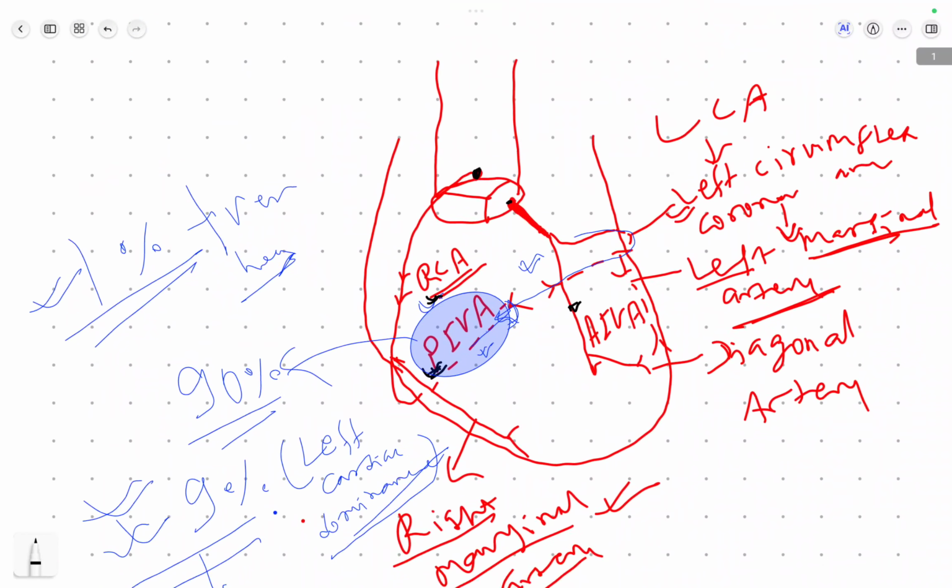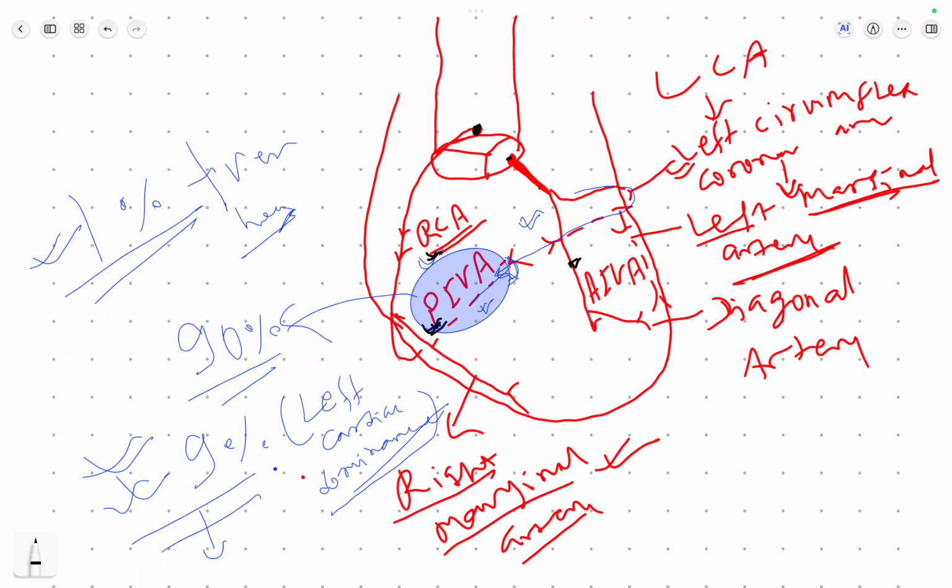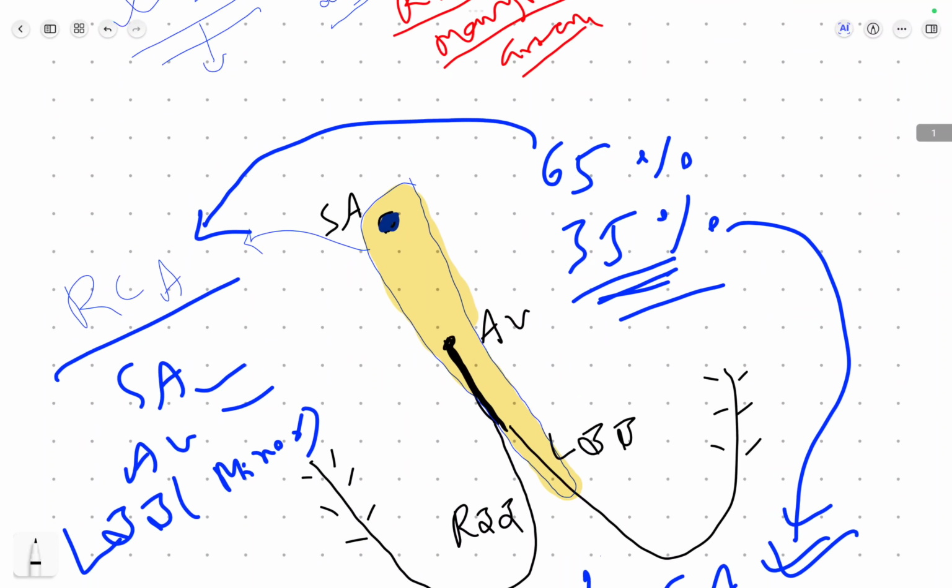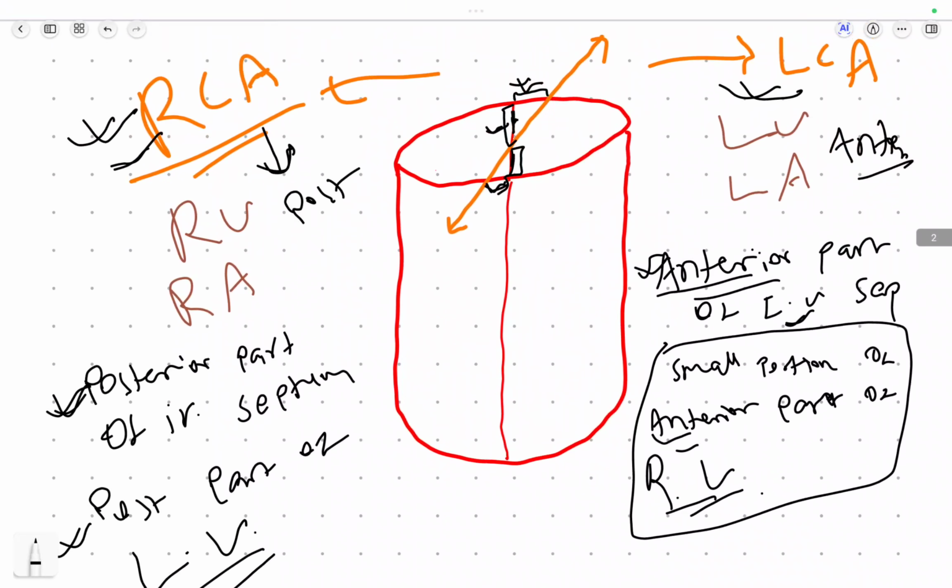In the same manner, the left coronary artery originates from the left posterior portion, but it gives the anterior interventricular branch, where the naming is, and then the anterior part of the interventricular septum and a small portion of the anterior part of the right ventricle. So I hope I could make this clear.